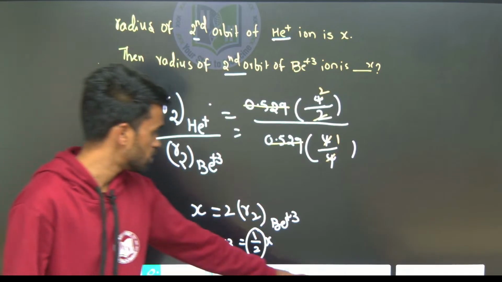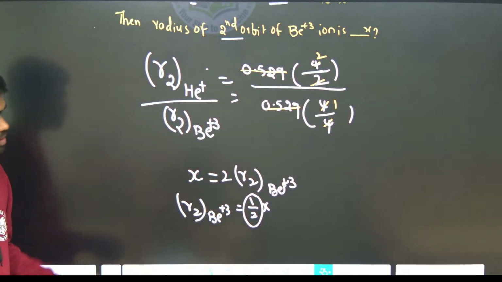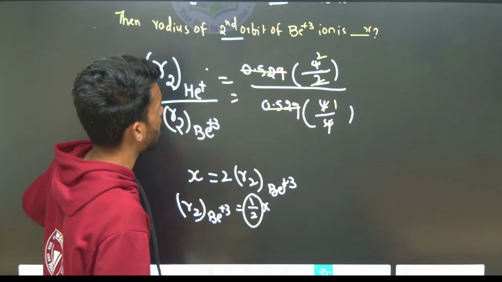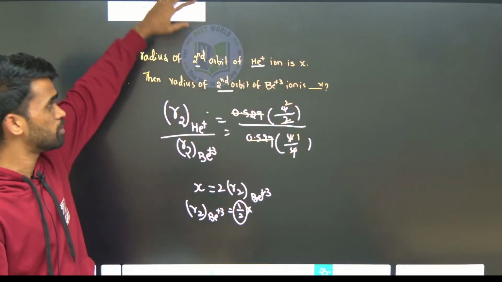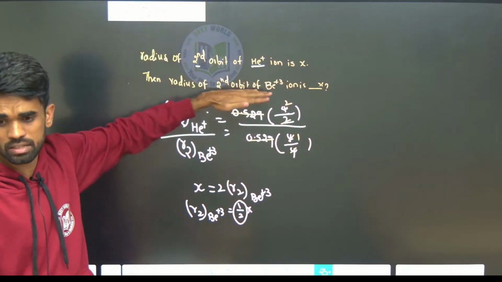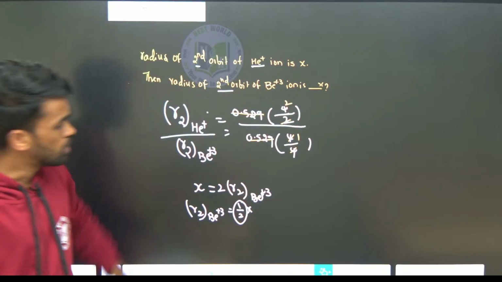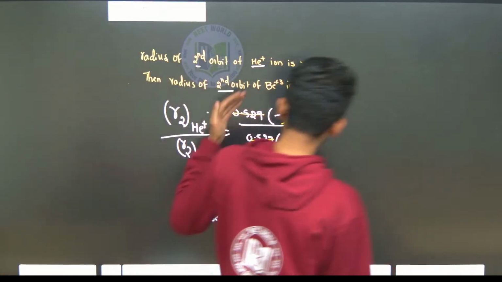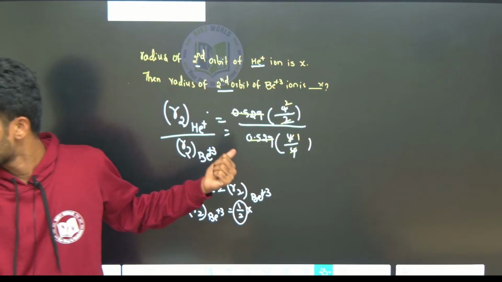So what is our answer here? 1 by 2. Is that clear or not? Like this they will give x or a naught for helium or some other species and ask for another related to it. Similarly, velocity also they can relate like this. All the discussion of radius and velocity was done in the last class. This is just a simple question based on this.